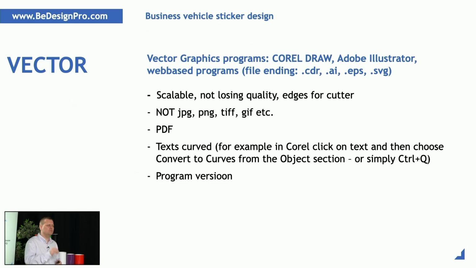Oh, one more detail. It is good that you have the latest software at your disposal, but it may be that you're the only one who has it at this point. This means that your sticker partner cannot open your files, as they are maybe using an older version. So ask what programs and what versions they are using.